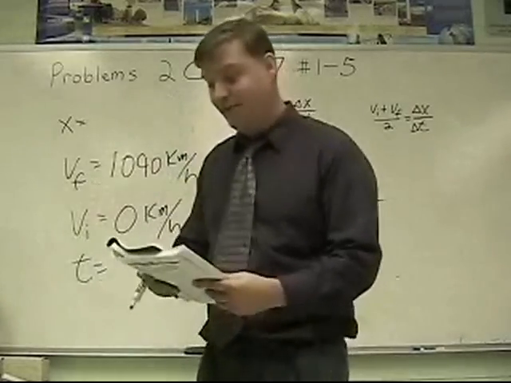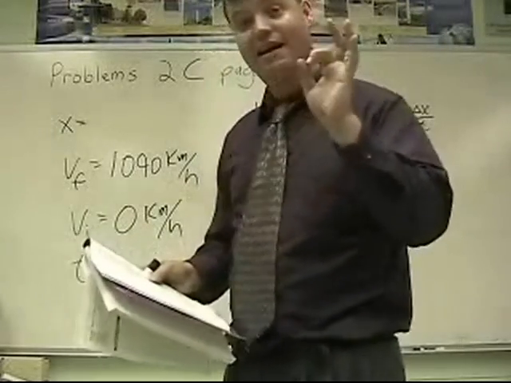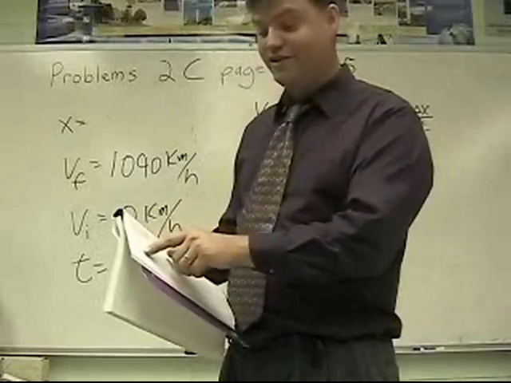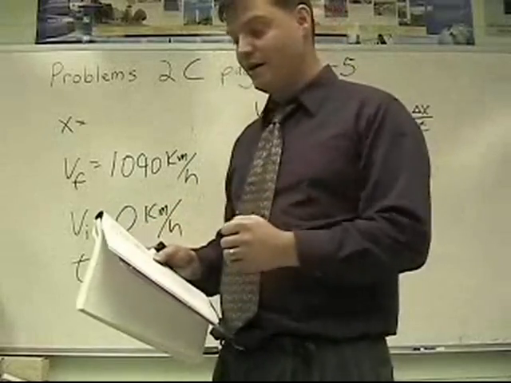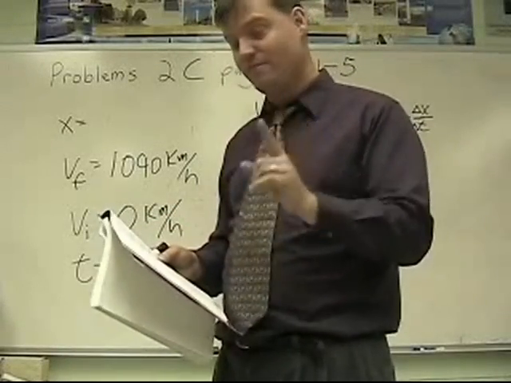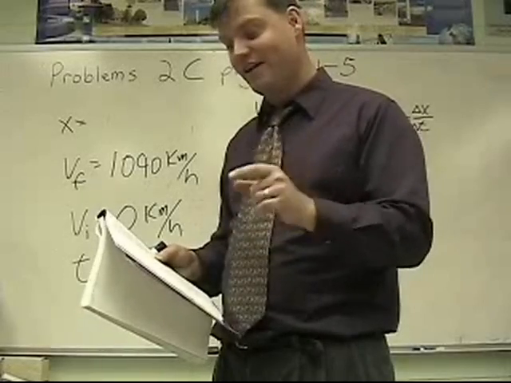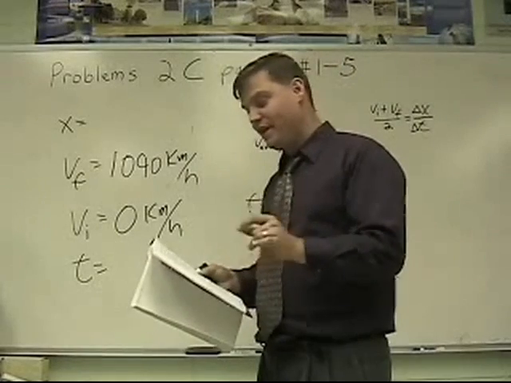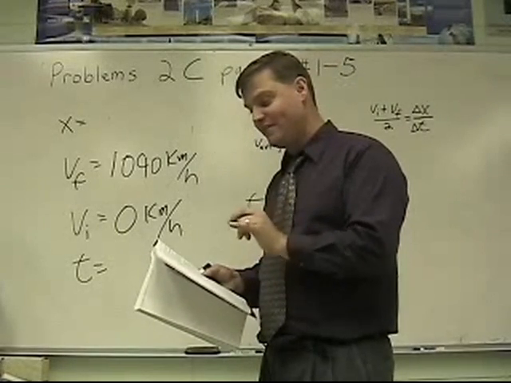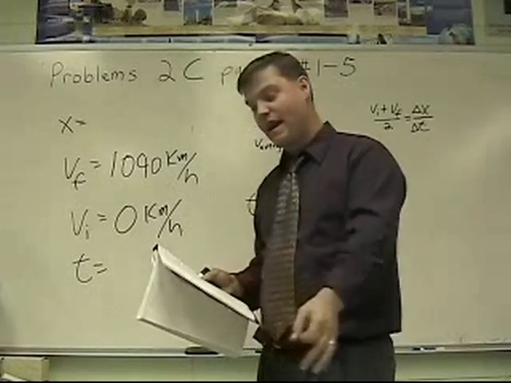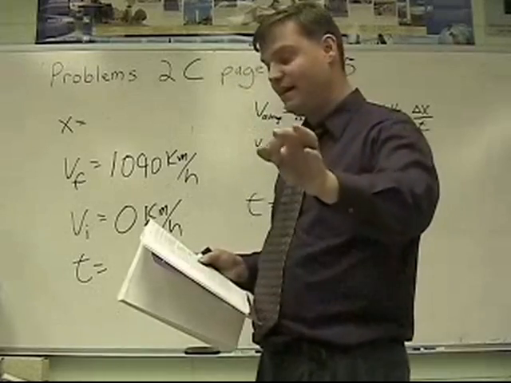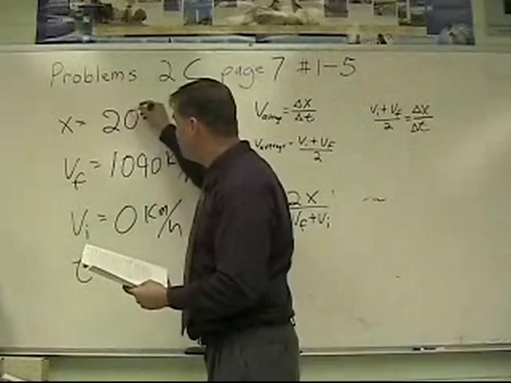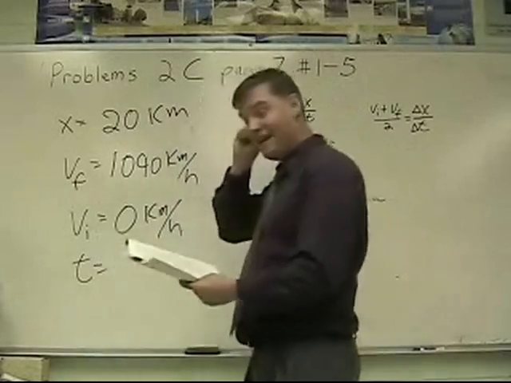And the distance traveled is 20 kilometers, not 25. It just passed the 20 kilometer mark. The last sentence is the most important sentence. The car starts at rest, 0, reaches a speed of 1.09 times 10 to the third kilometers per hour when it passes the 20 kilometer mark. Our distance is 20 kilometers.